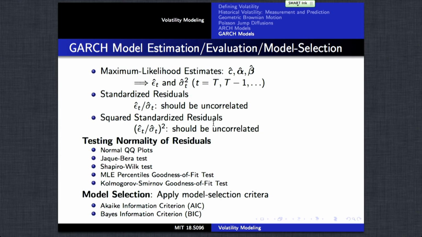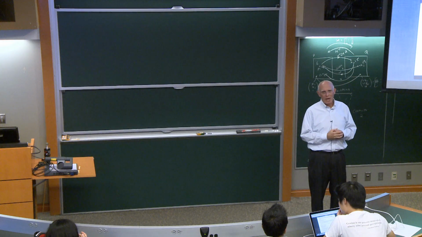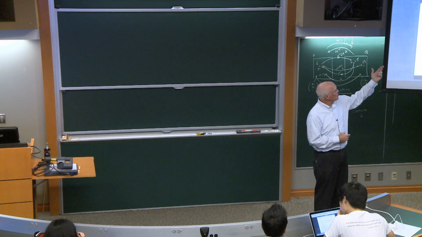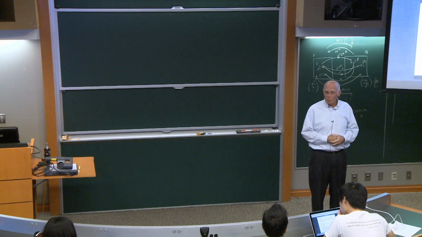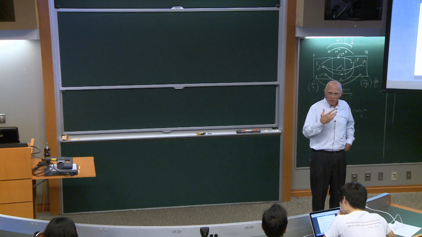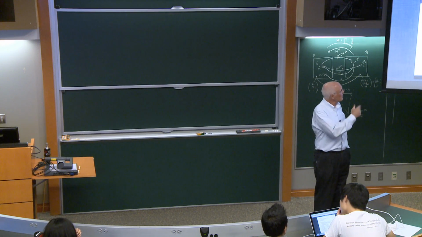Once we fit this model, we want to evaluate how good it is, and the evaluation is based upon looking at the residuals from the model. So what we have are these innovations epsilon hat t, which should be distributed with volatility sigma hat t.